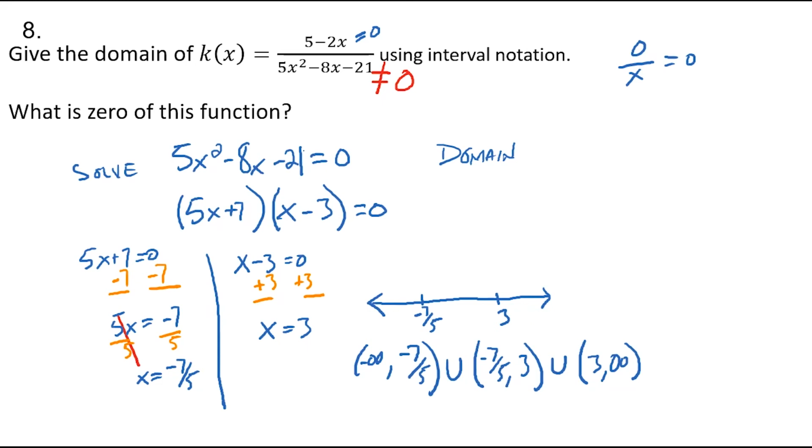So let's do this. Let's take 5 minus 2x and set that equal to 0. Let me draw a line right here so we know we're separate. Actually, sorry, we're going to subtract 5 from both sides.